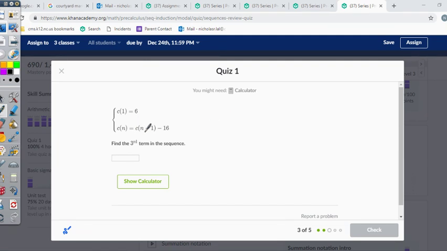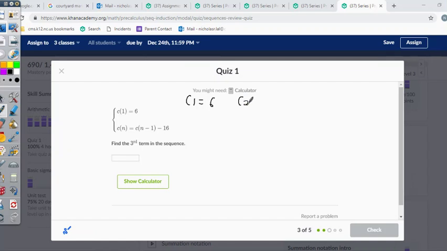Clearing annotations. C of 1 is equal to 6. So C_n is equal to C of n minus 1 minus 16. Find the third term in the sequence. So the first term is 6, so C1 is equal to 6. Each term is equal to the previous term minus 16.